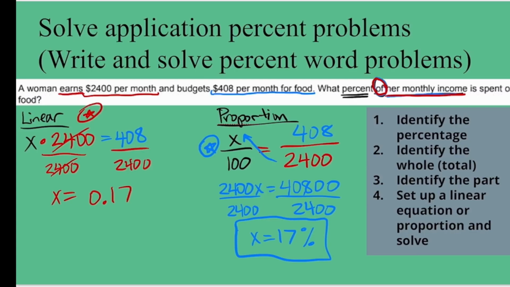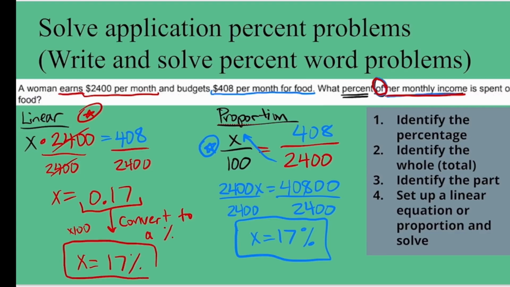This linear equation, if you choose to use this, you have to take your answer if you're looking for a percent and you need to convert it. You cannot just randomly put a percent sign. A percent is out of 100, so if we multiply this by 100, you would get 17%. So two ways to do percent word problems. You just have to choose which one makes most sense to you.